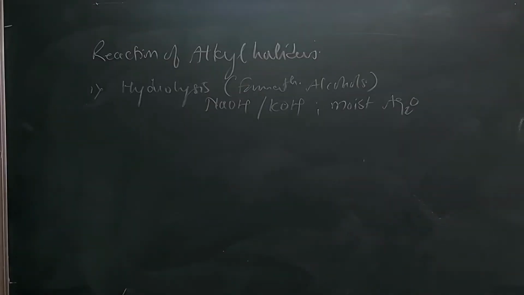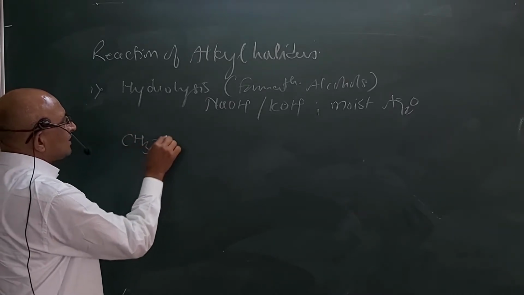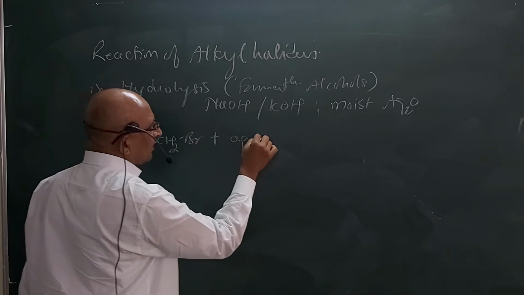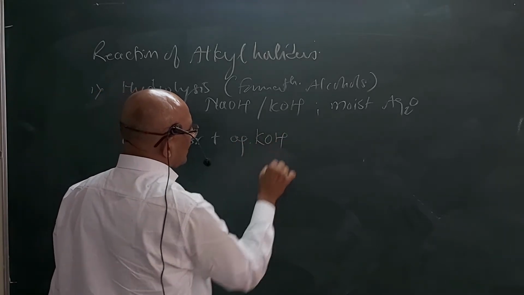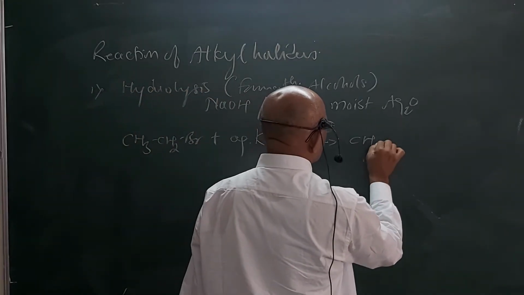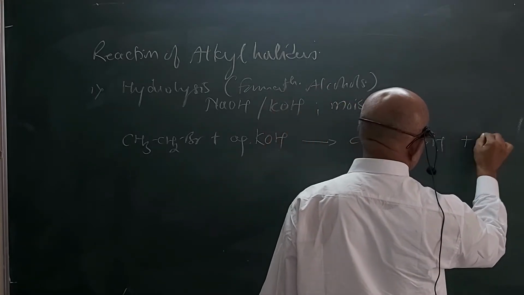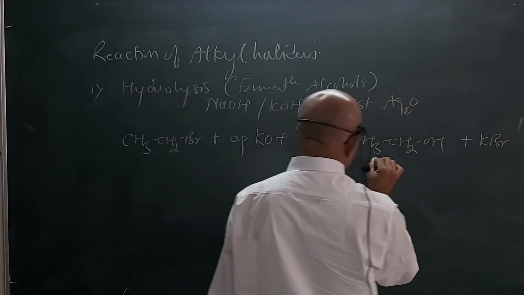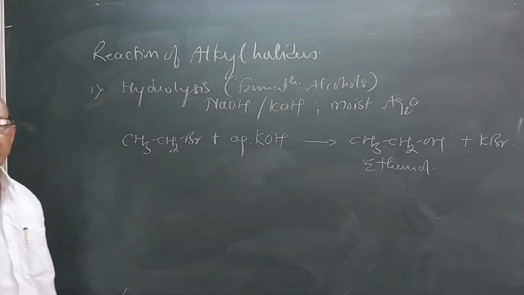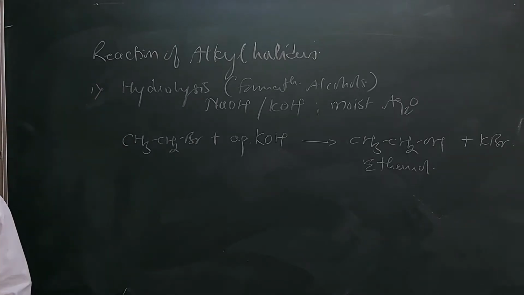Suppose we take CH3CH2Br, that is ethyl bromide, on heating with aqueous KOH, we will get the formation of the alcohol, that is ethanol, plus KBr. This is the simple method for the preparation of alcohols, and this type of reaction is called hydrolysis of alkyl halides.